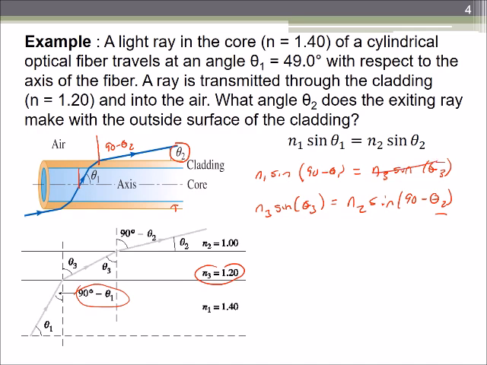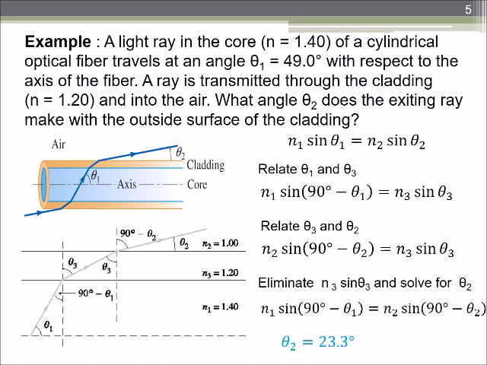So that means these two basically cancel out. We'll set these two equations equal to each other: n1 sine of 90 minus theta 1 is equal to n2 times the sine of 90 minus theta 2. And now the rest of the problem is just algebra as we solve for theta 2 given all the other values.